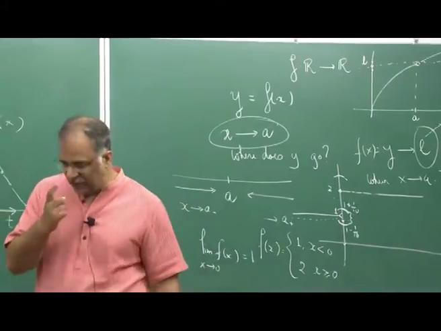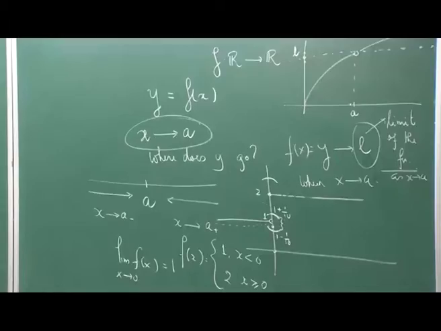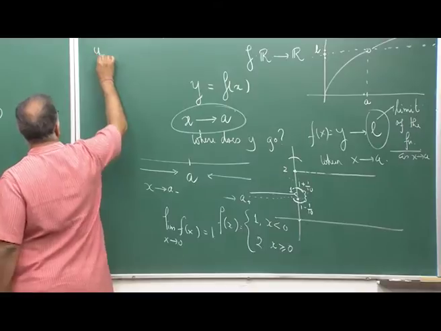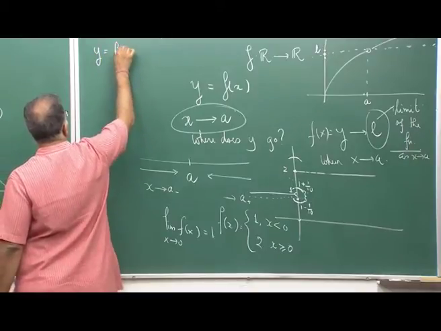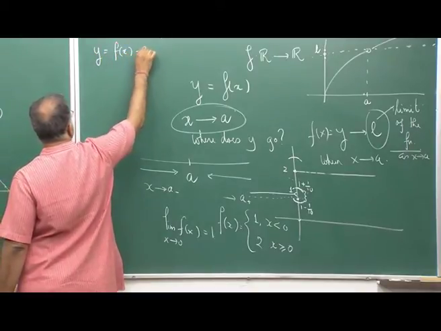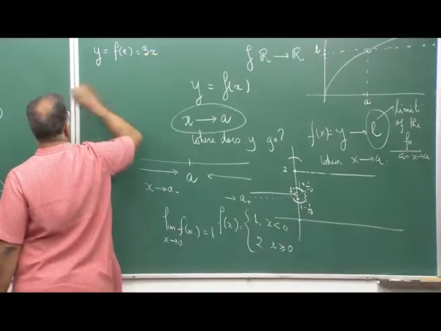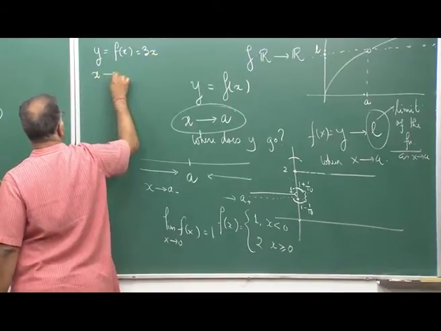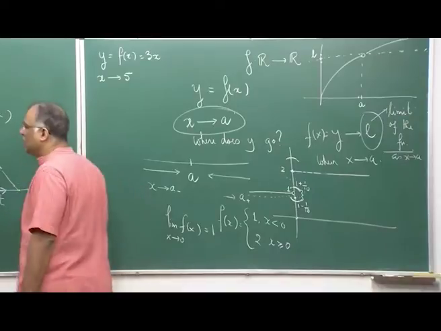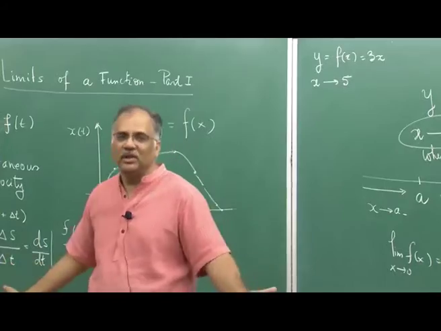I will use the book of Spivak, where some very fascinating examples are in place. For example, I take the function y equal to 3x, and let us look at what happens when x goes to 5. You would say, oh, it does not matter, it is just 15, I know it.